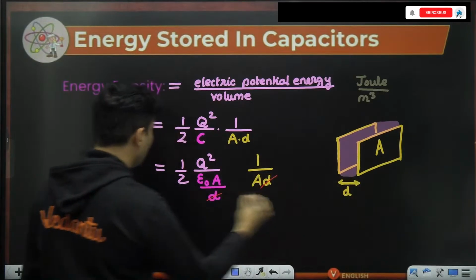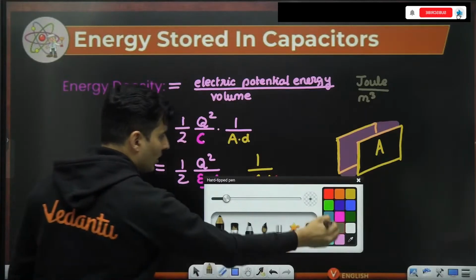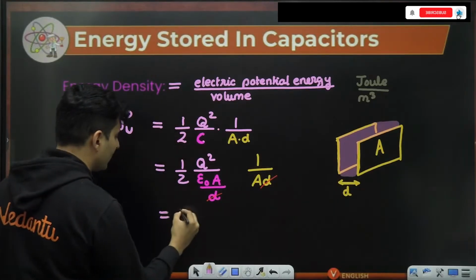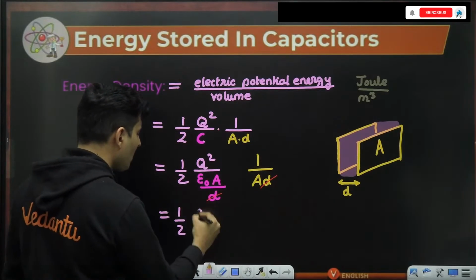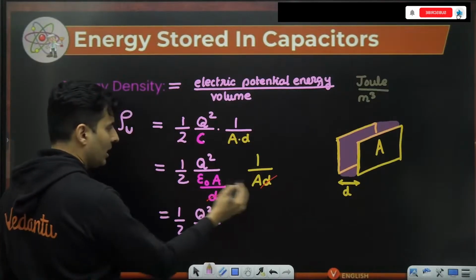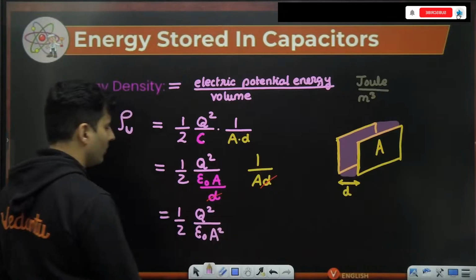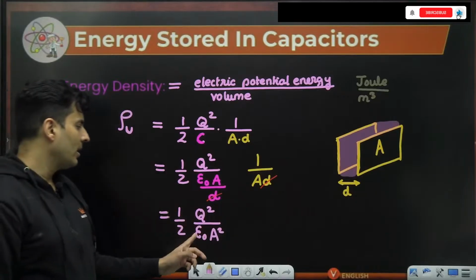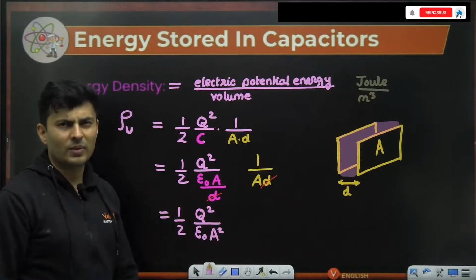So I am just purely left with, check this out, half Q square, epsilon naught, and A square over here. Half Q square by epsilon naught A square.